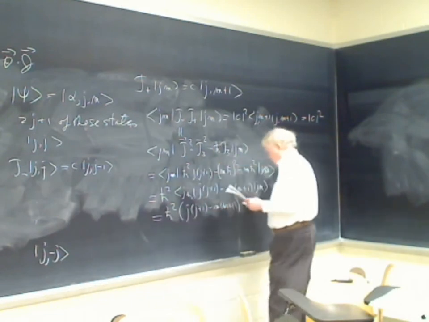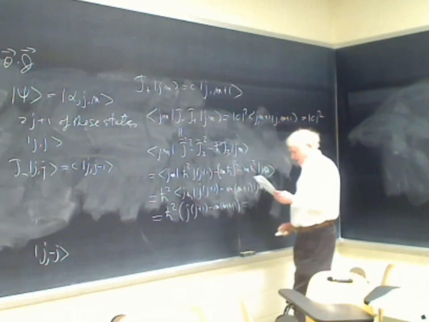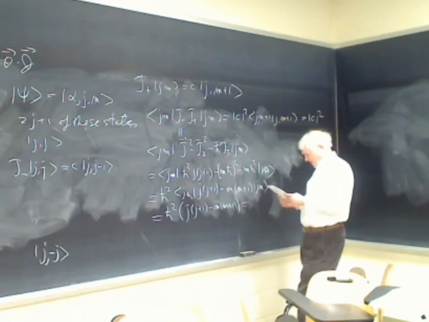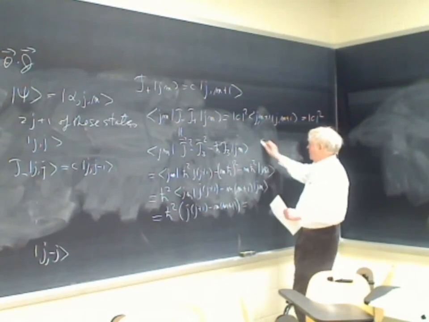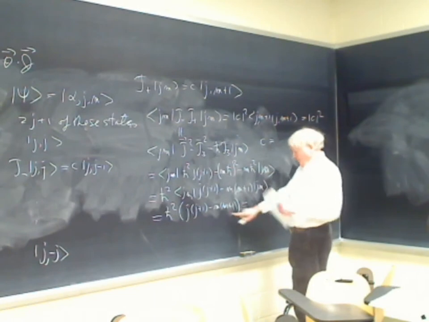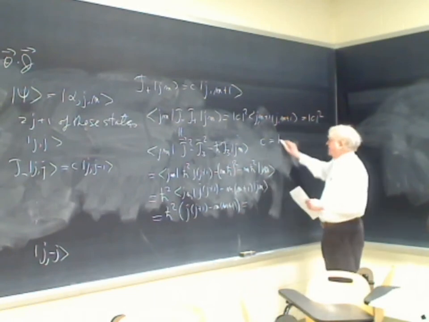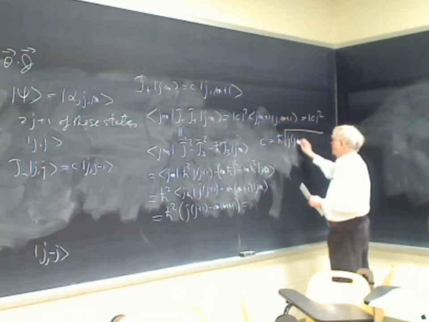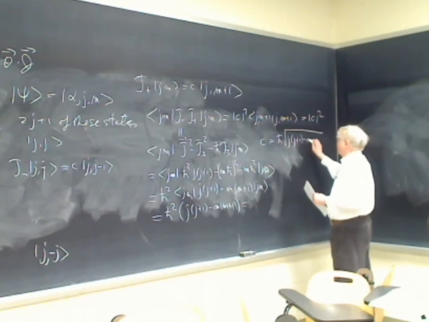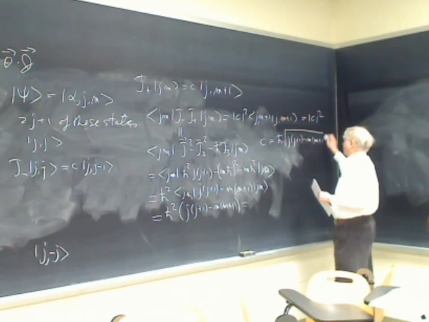People usually leave it that way. So this c, in other words, is the square root of this thing, and conventionally we take the positive square root.